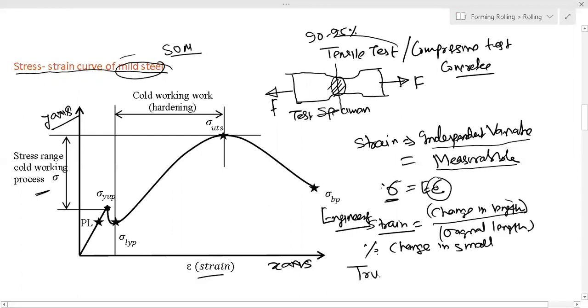But when we convert to true strain, or Green strain, we take the change in length divided by the instantaneous length, not the original length.